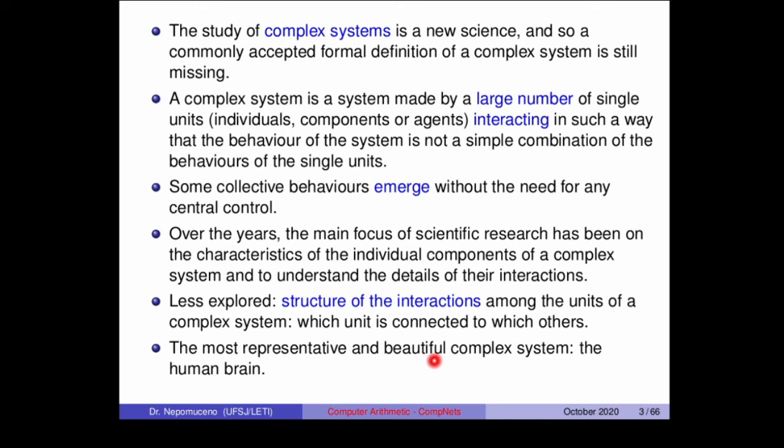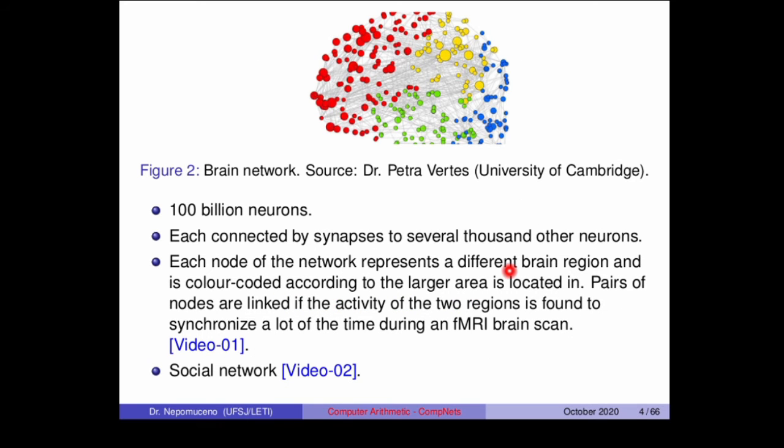The most representative example of a complex system is probably the human brain. Here is an example of an investigation by Dr. Peter Vertes from the University of Cambridge. There is an estimated 100 billion neurons in a brain, each connected by synapses to several thousands of other neurons.